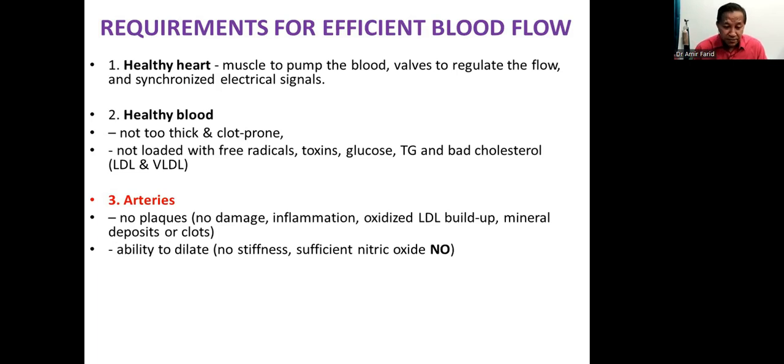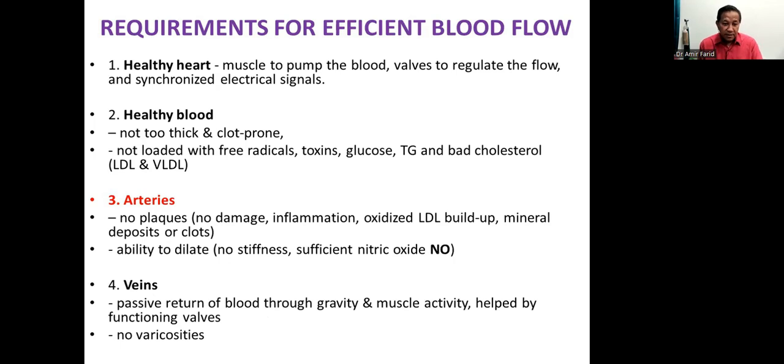That means there's no damage to the lining, there's no inflammation, there's no build-up of oxidized bad cholesterol, and there's no build-up of mineral deposits, and there's no clots. And then the wall itself must be supple and able to dilate, no stiffness, and you have sufficient nitric oxide to dilate the arteries.